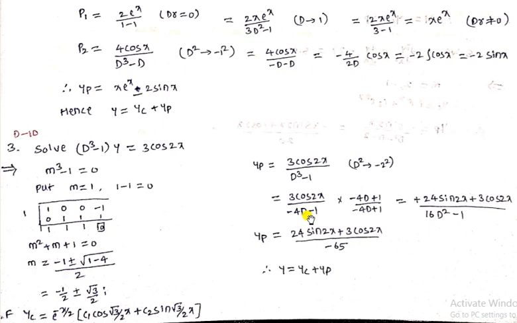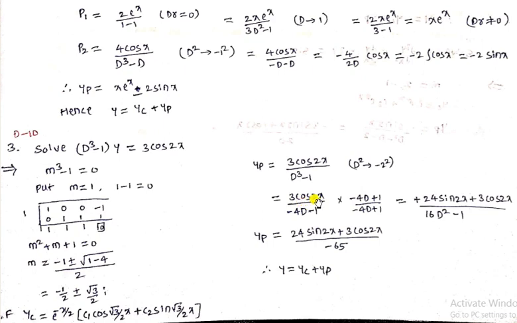So therefore multiply and divide by the opposite sign of the denominator. So we replace the middle sign, in place of minus we use plus sign, then multiply this function. So 3 cos 2x into (minus 4D plus 1).